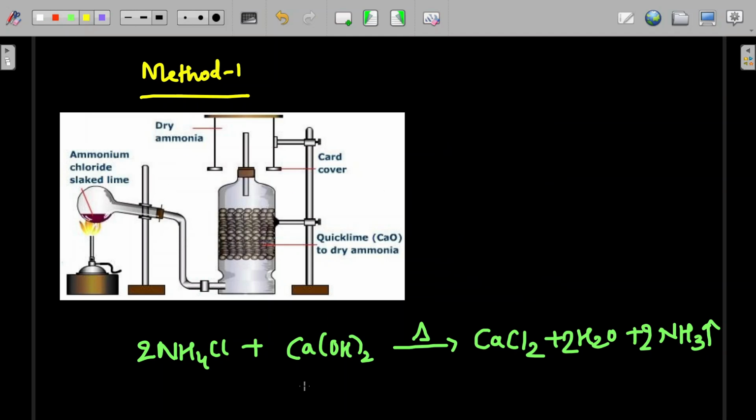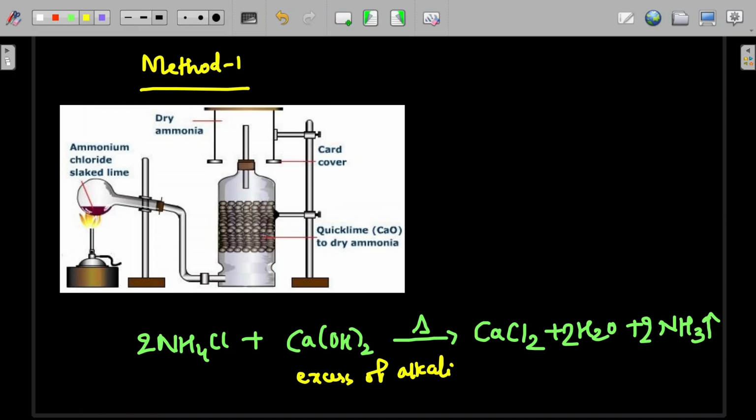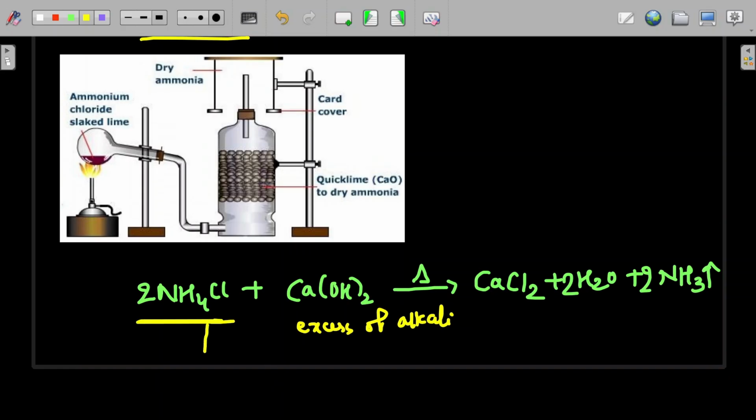Another thing, we use an excess amount of alkali for these kinds of reactions, as ammonium chloride is a sublimable substance. What is a sublimable substance? Anybody? Don't know?